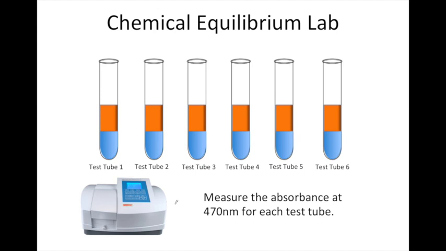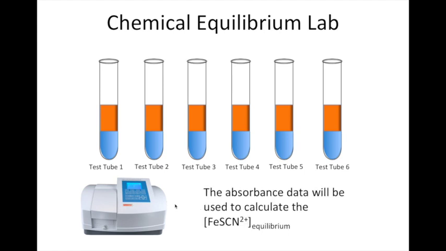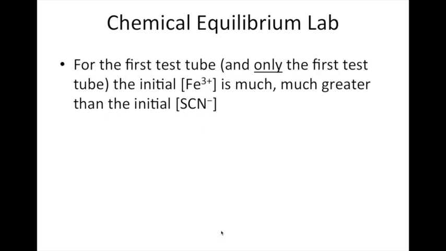Now we'll go over how to use the spectrophotometers in class, but we're going to get some very important information from them. The absorbance is related to the equilibrium concentration of iron thiocyanate, which is our product. So we're actually measuring, essentially indirectly, the concentration of iron thiocyanate at equilibrium by recording the absorbance values.